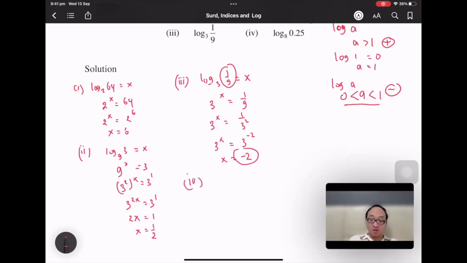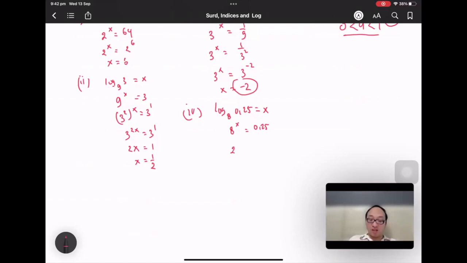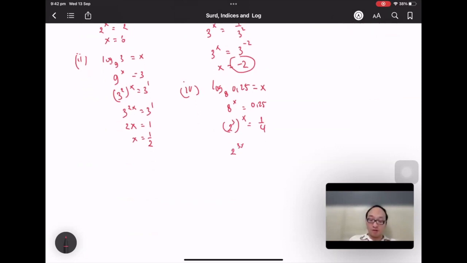And the last one, log base 8 of 0.25 equals x. So 8 to the power of x will equal 0.25. So that means 8 is 2 to the power of 3, and 0.25 is 1 over 4. So 2 to the power of 3x equals 1 over 4, which is 1 over 2 squared, so it's 2 to the power of negative 2.